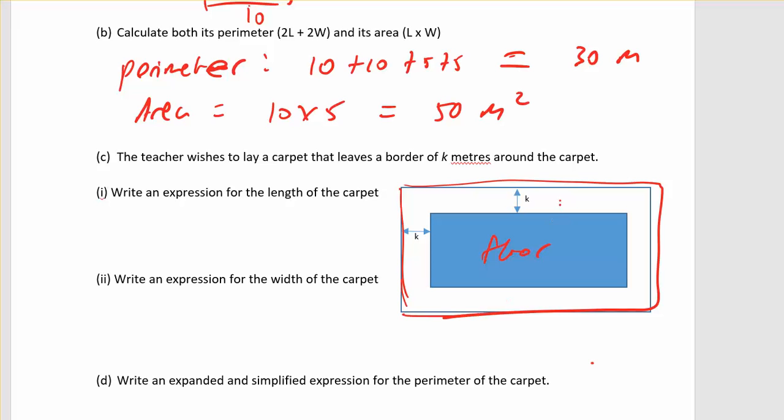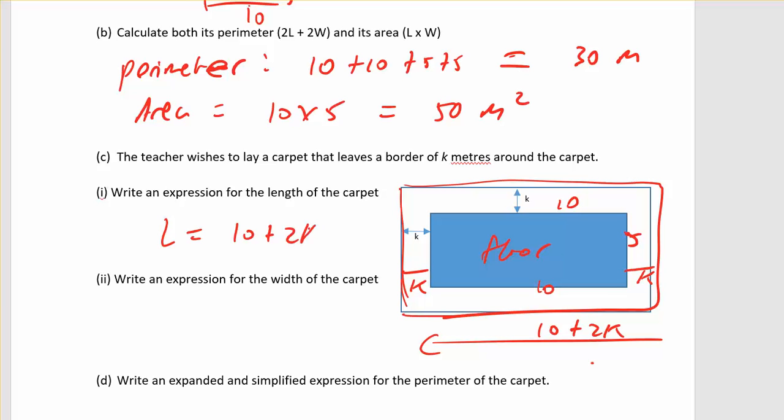So we know that was 10 by 5 at the start. We've increased the length and the width by a bit. Since this is k, this also takes up k. So the total here, if that takes up 10, that must mean the length is 10 plus how many k's? 2 k's, plus 2k. So the length would be 10 plus 2k.